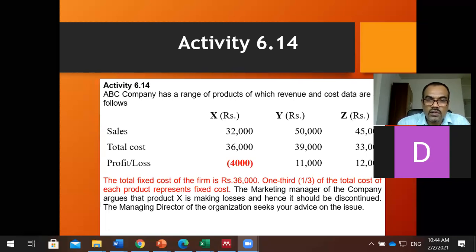It should not stop, as the excess contribution is 8,000 more than fixed cost. Okay, good. Someone says total profit will be 11,000. What does it mean then?